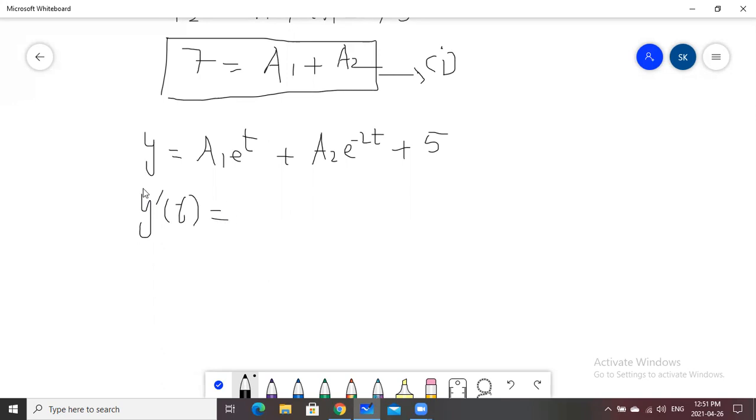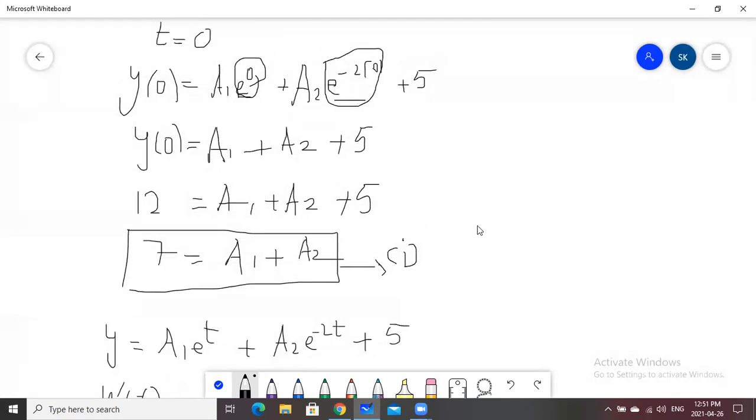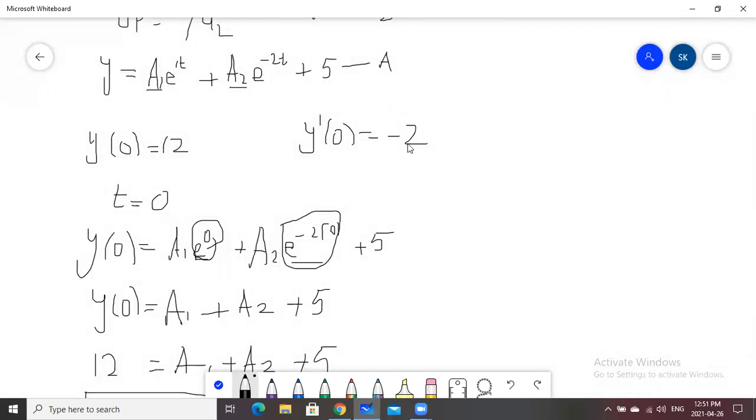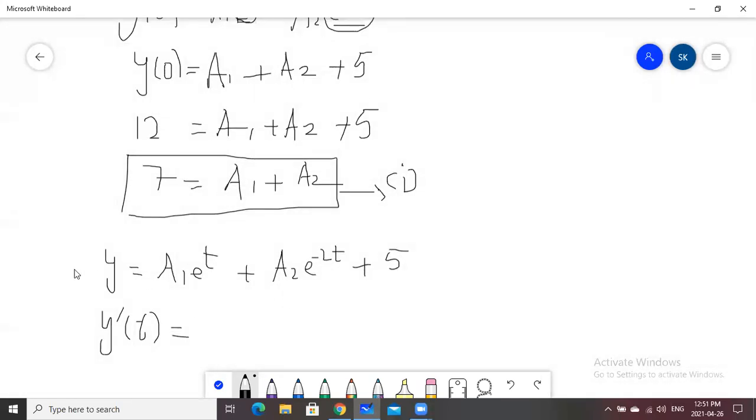why are we taking this derivative? We can see that over here we are given the value of y prime of 0 is equal to minus 2. Therefore, first of all, we have to take the derivative of this function, and then we can find the value of y prime of 0, which is equal to minus 2, through which we will solve the whole equation. So y prime of t is equal to, now a1 is a constant, we will write it as it is, a1. Then e raised to power t will be written as it is. This is the exponential function rule, and the derivative of t is equal to 1.